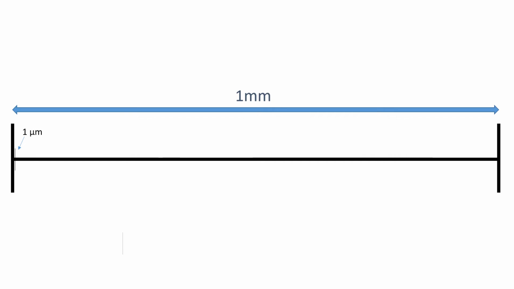So a micrometer is much smaller than a millimeter. If we keep adding these little sections into a millimeter, we could keep doing this until we were able to fit 1,000 of these micrometers in. So 1 millimeter can be divided into 1,000 micrometers.